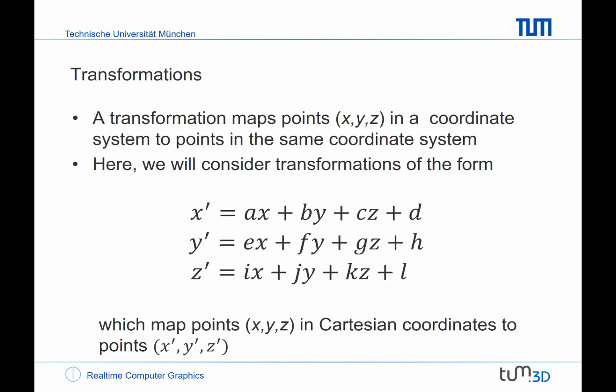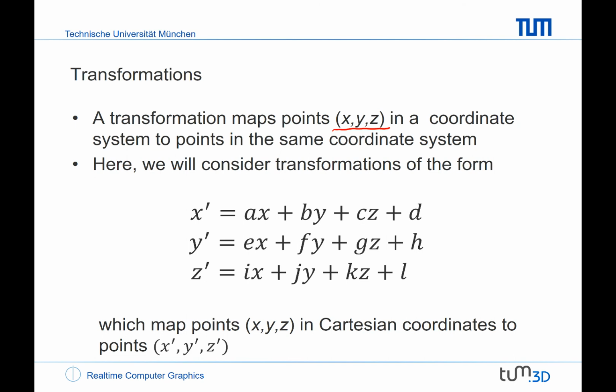This brings us to what a transformation is, because now we want to look in detail at some specific transformations which are very often used. In general, we can say such a transformation takes points, x, y, z coordinates in 3D space, and maps these points, which are given in a certain coordinate system, to points in the same coordinate system. It just changes the position, and by changing the position of points relative to each other, we can apply certain transformations like scalings on the triangles making up our geometric shapes.